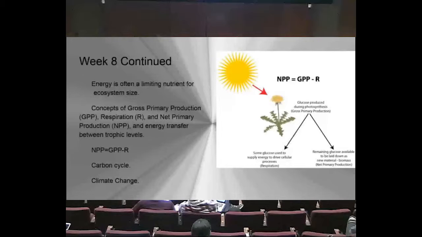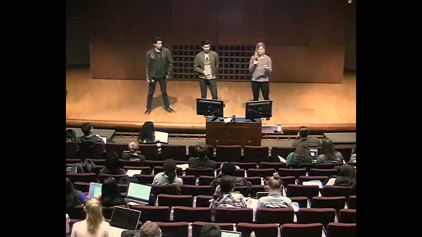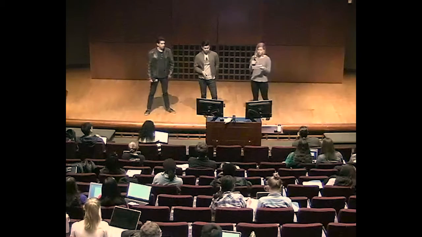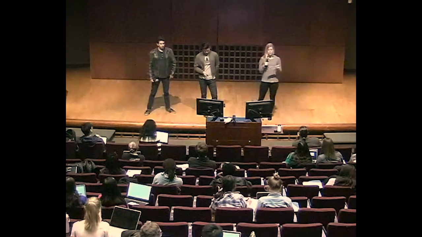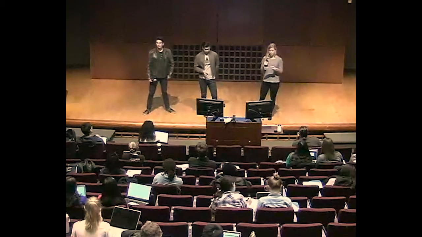And then this NPP concept plays into other things, like the carbon cycle. The energy that's moved through the carbon cycle is often measured in units of NPP, and it also affects climate change. Humans consume 25% of the Earth's NPP, so that's a huge impact on our global environment.